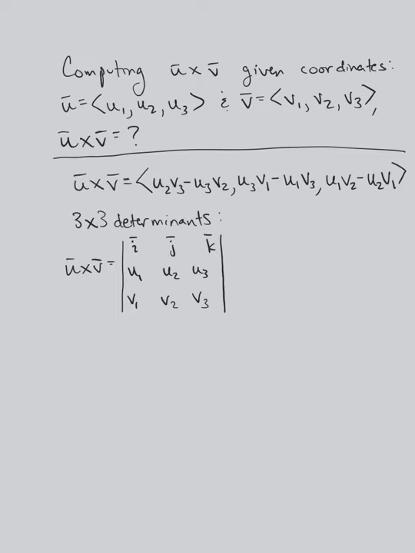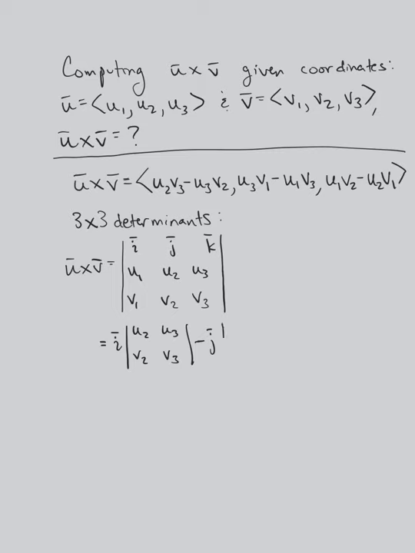Okay, and so the idea now is that you expand on that top row, and so you get i times the 2x2 determinant, where you cross out the row and column that i is in. So we get u2, u3, v2, and v3. And then whenever you expand along the top row, you subtract in the second part, and that's a reflection of that pattern reversing in the second coordinate.